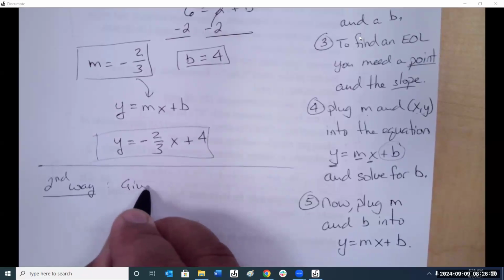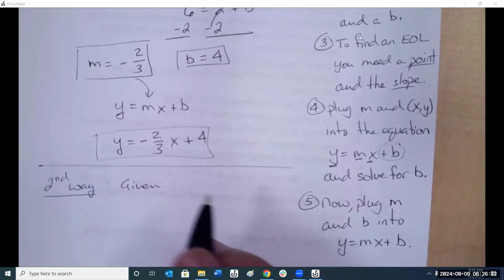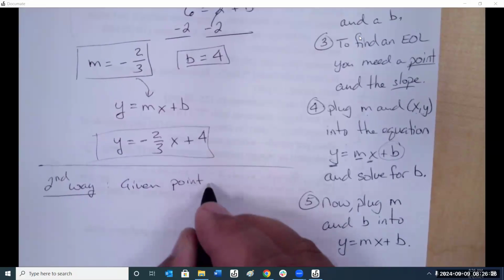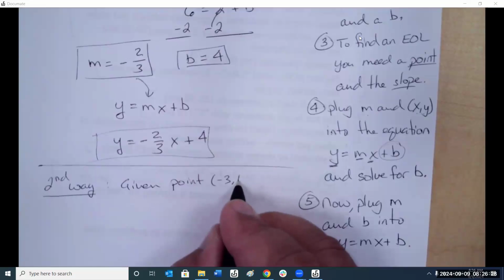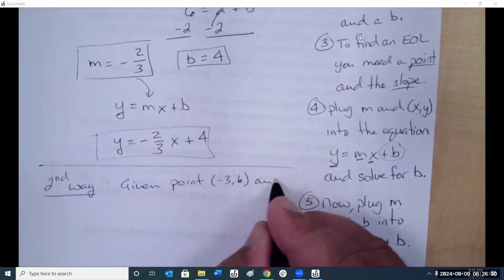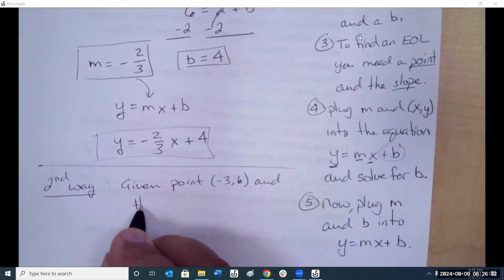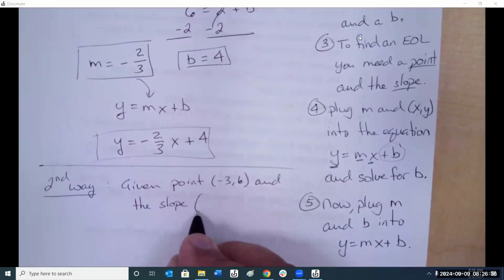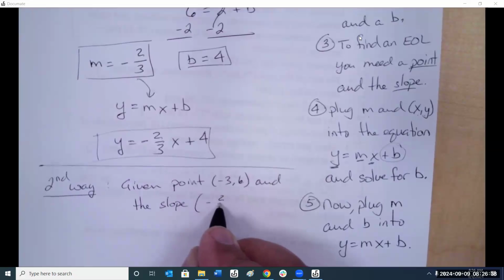Okay. We're given a point, which is (-3, 6), and the slope, which is -2/3.